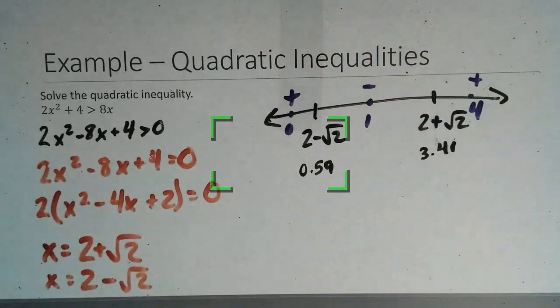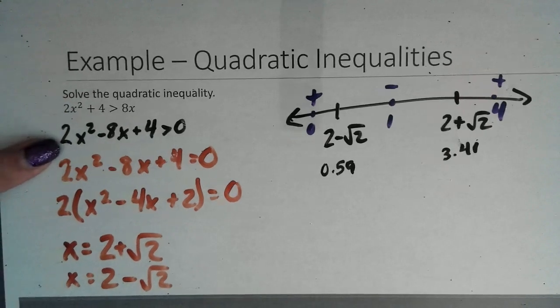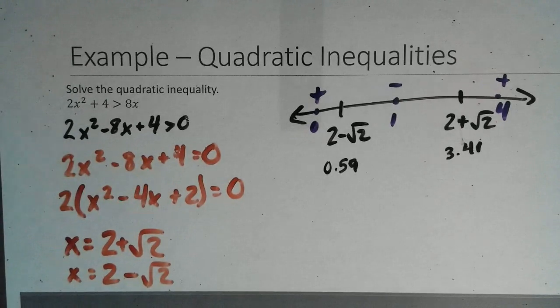You may be asking yourself at this point, is it always going to be plus minus plus? Technically, no. But you can kind of logic your way through this. We have a parabola here, x squared minus 4x plus 2, and that is an upward opening parabola.